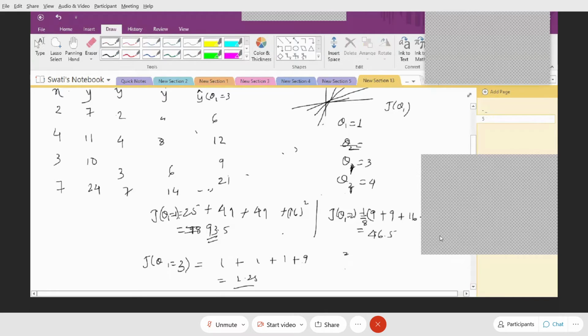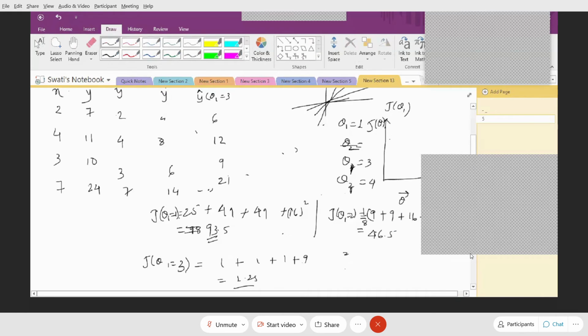Okay, 1.25, and then if you find it for 4, you will get that the value increases. Do you observe that? If I plot this, this is my J theta, that is the error, this is my theta value. When I take 0, the value is even higher. When my value is 1, it got around 93.